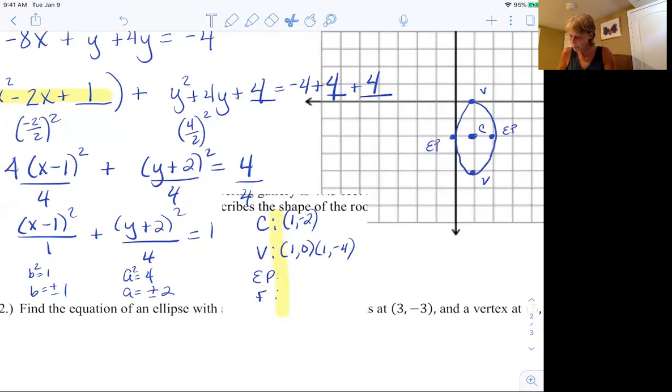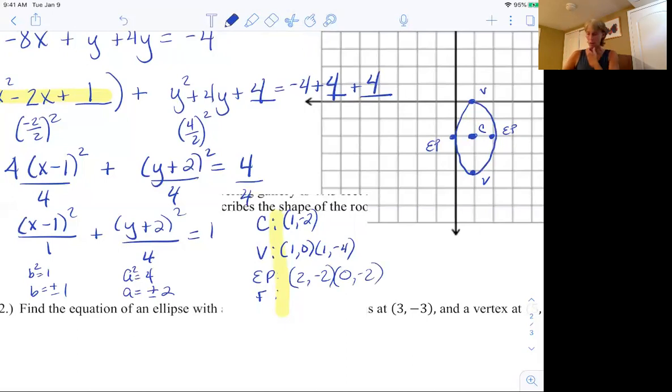I don't know what I did here. Don't worry about that highlighter. I'm just going to have to leave it. My endpoints are 1 plus 1, so I have 2, negative 2, and 0, negative 2.